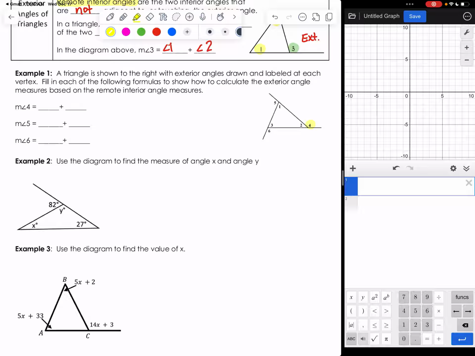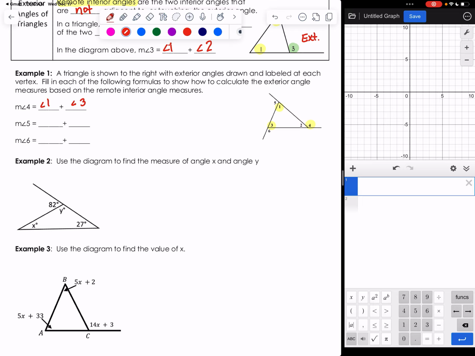So I would not want to use angle 2. I would only want to use the remote interior angles, 1 and 3. So the measure of angle 4 would equal angle 1 plus angle 3.